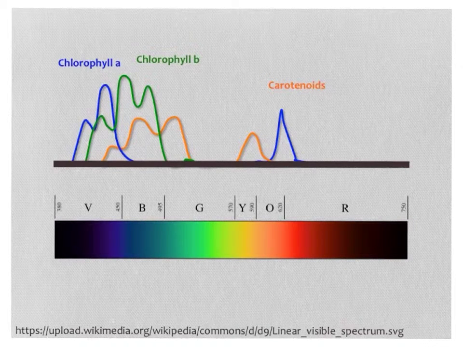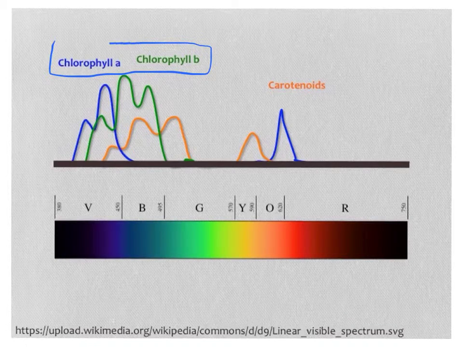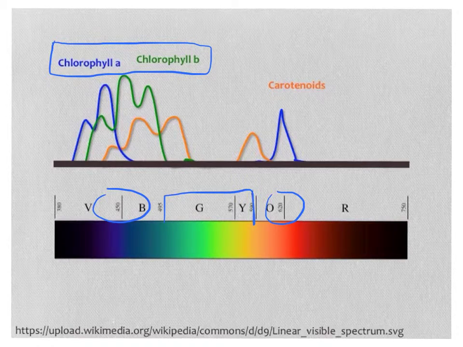Now, plants have three main types of pigments in their leaf. There's obviously quite a few more than that. The two chlorophylls, if you look here, chlorophyll A absorbs a lot of this violet and blue and orange, which means this is the color that it reflects. Well, what do you notice about that color?